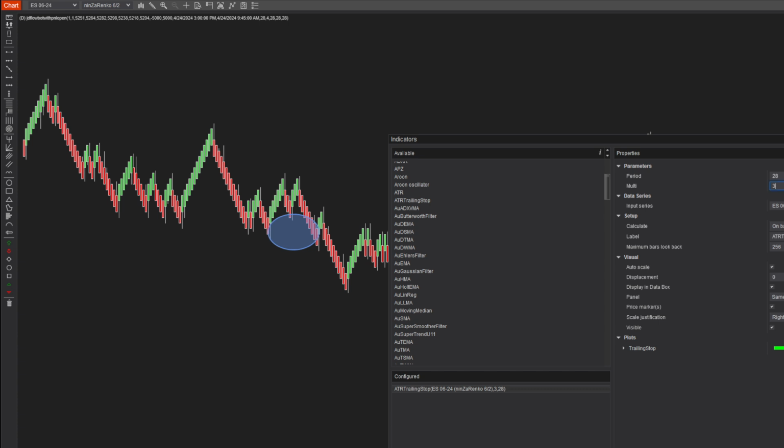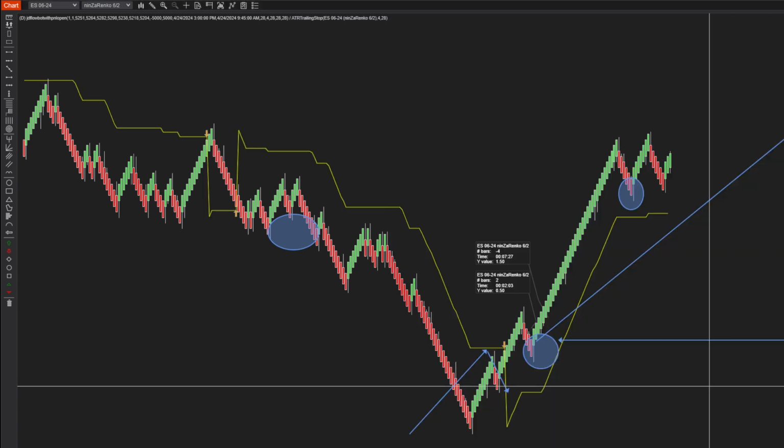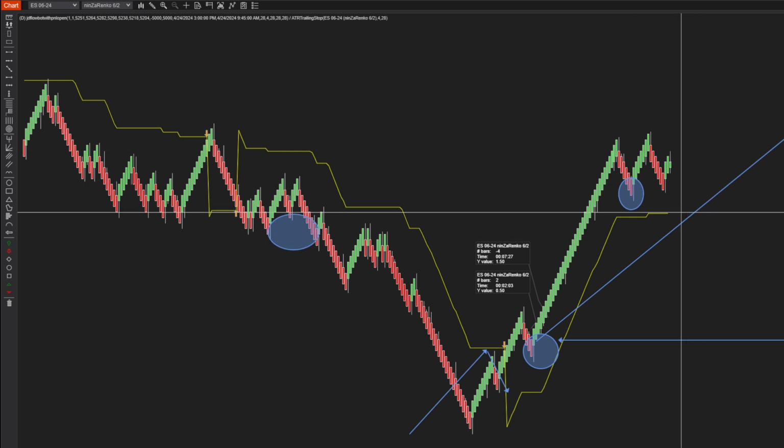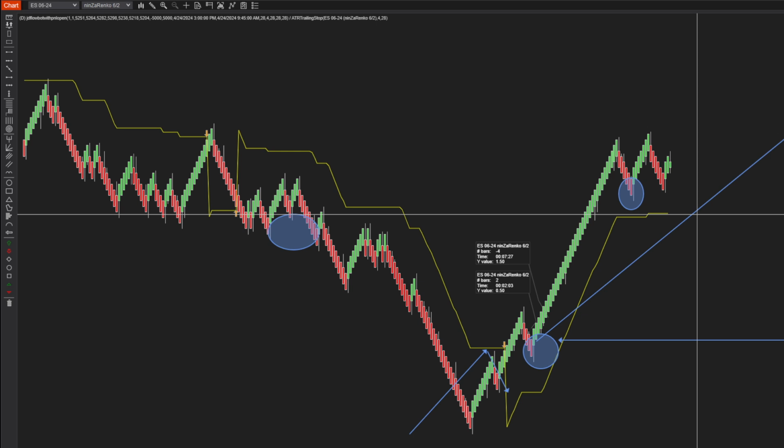So I'm going to put 28.4 here and change the color. Let's call it this yellow line here.